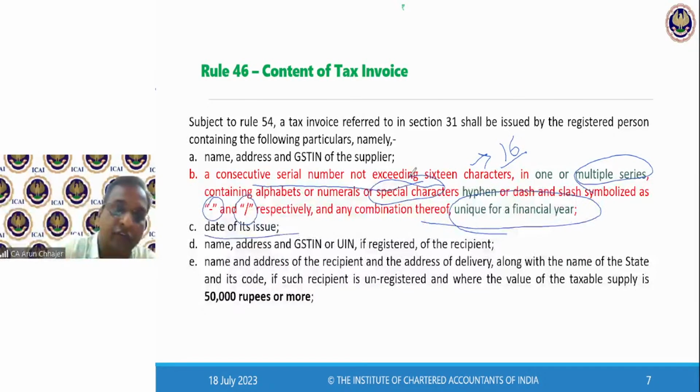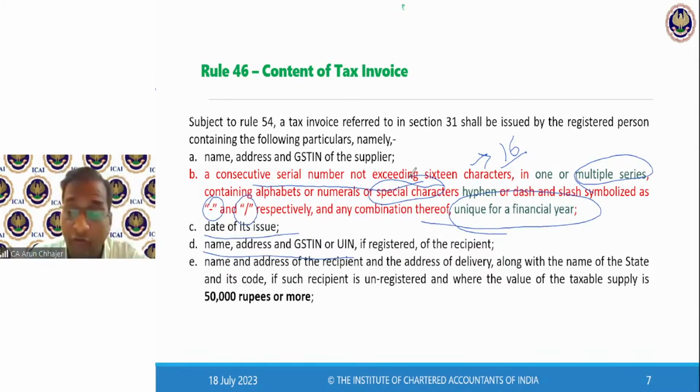Then date of invoice, name, address and GST number of recipient if registered. Now try to understand what is the requirement to mention the address of the recipient in case of an unregistered person.